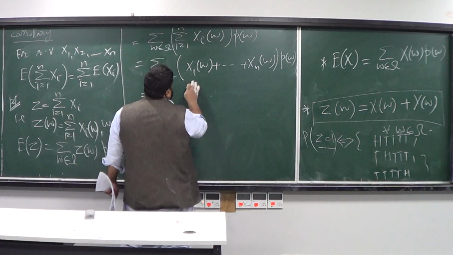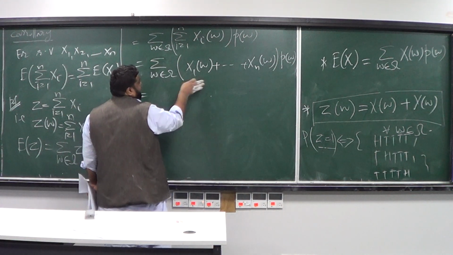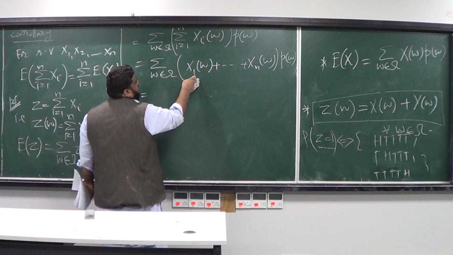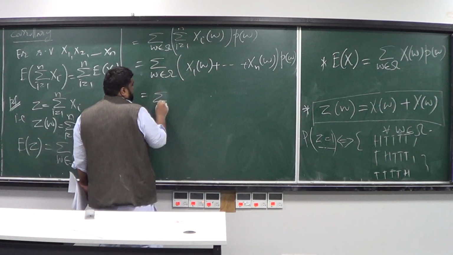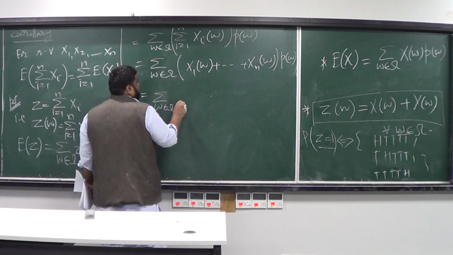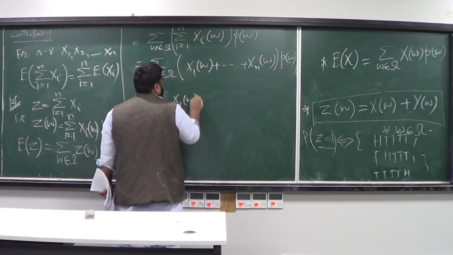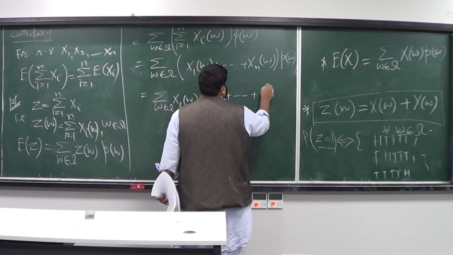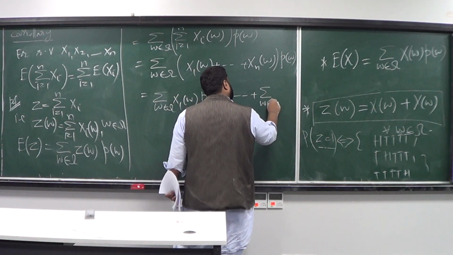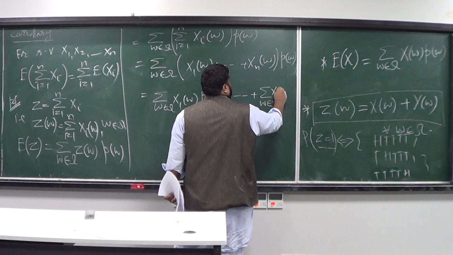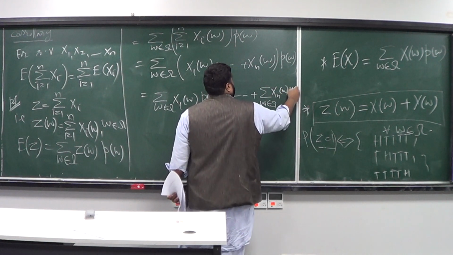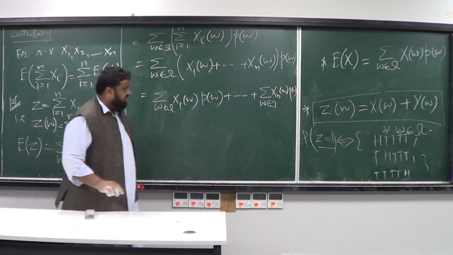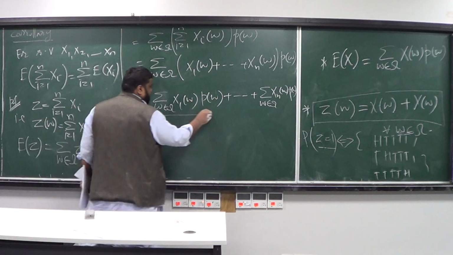So if this is the case, then I can write this as the sum of the sums. This sum is going to be sum over omega in Omega of x1 of omega times p of omega, plus so on and so forth, sum over omega in Omega of xn of omega p of omega. Now what is this?